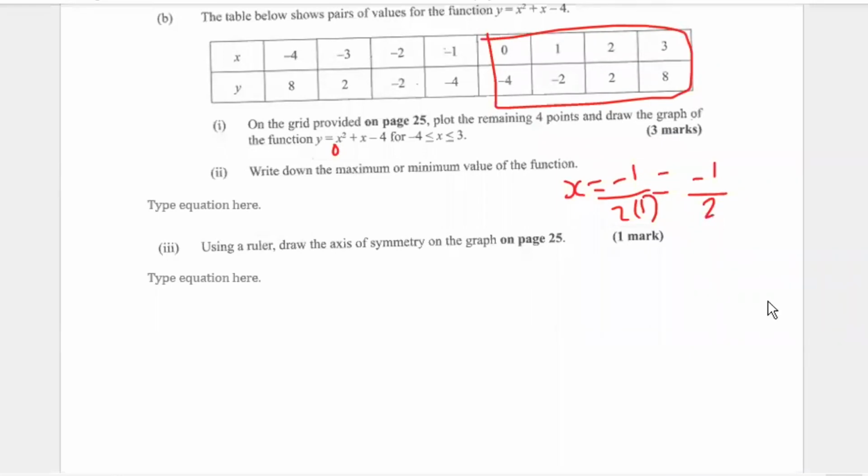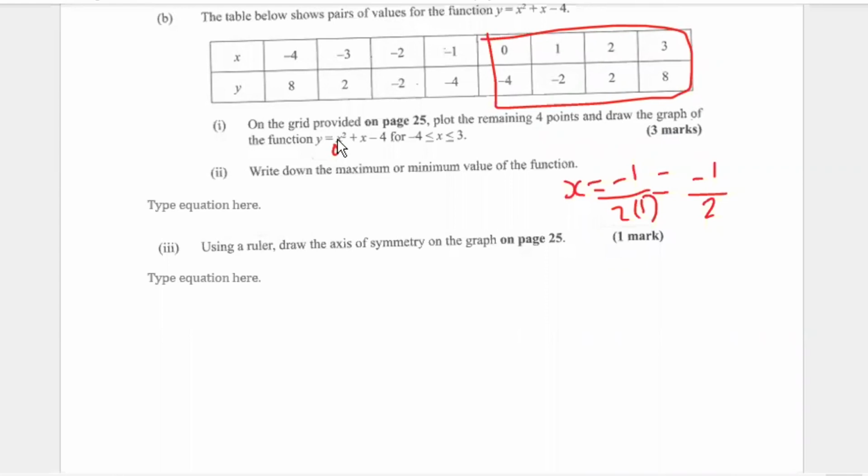So let's say you were working a question where a graph wasn't given, and you get your function, and they ask you to find the axis of symmetry or the minimum value for your function. This is the formula you would use, x is equal to minus b divided by 2a. Remember, this function is written in the form ax squared plus bx plus c, which is your quadratic expression.